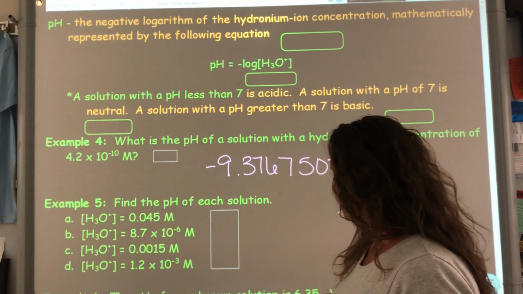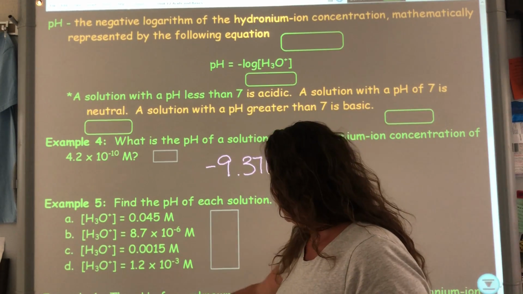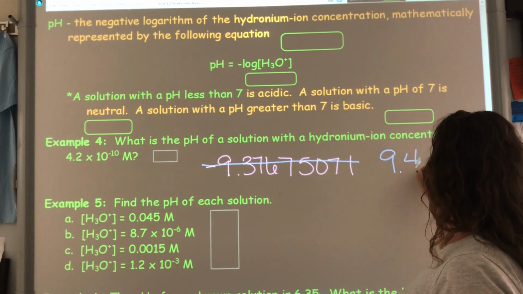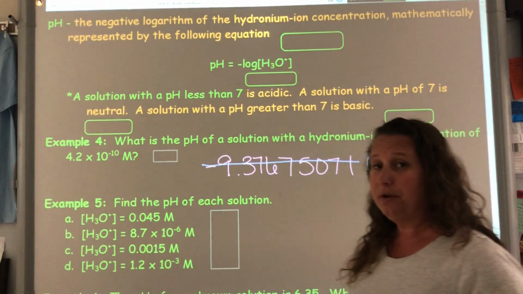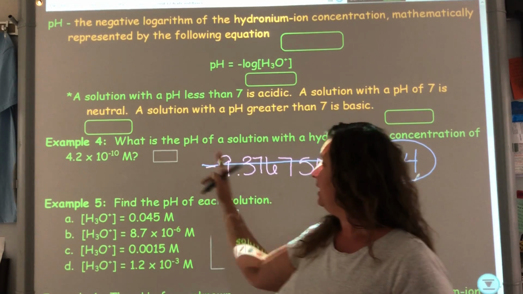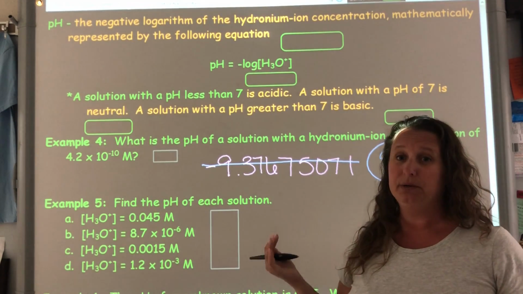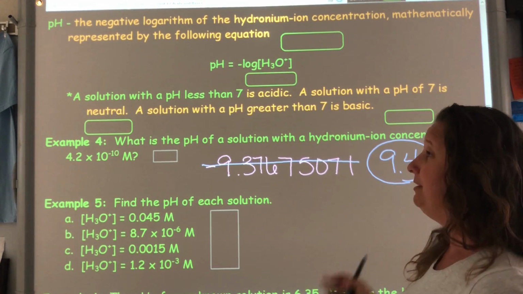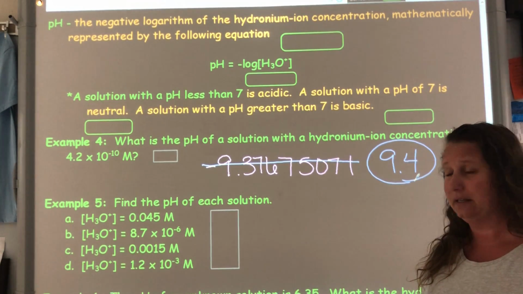So the real answer to this is actually going to be 9.4. Now, there are no units on pH, so whenever you're calculating a pH, it's simply going to be a number. And I think that's probably about as confusing as it gets.